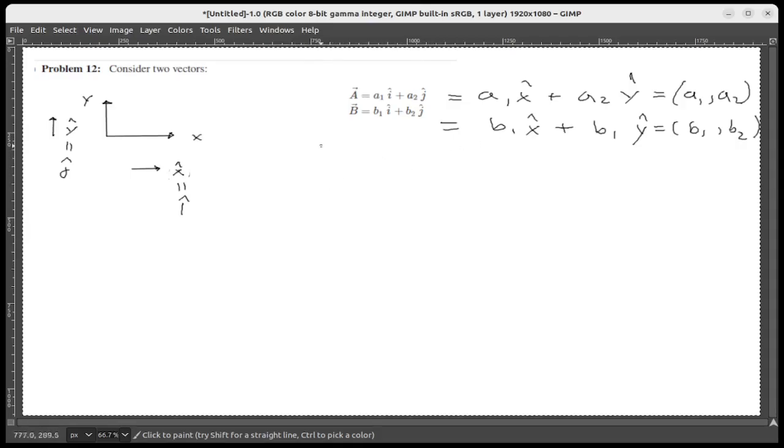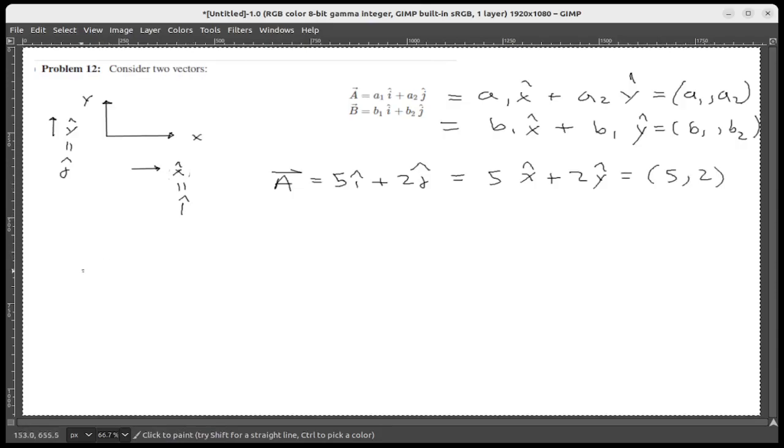Let's just say, for example, I want to add these vectors, and I have, let's say, the vector A equal to, say, 5 I hat plus 2 J hat. That would also be equivalent to 5 x hat plus 2 y hat. Or that would be equivalent to 5 comma 2.